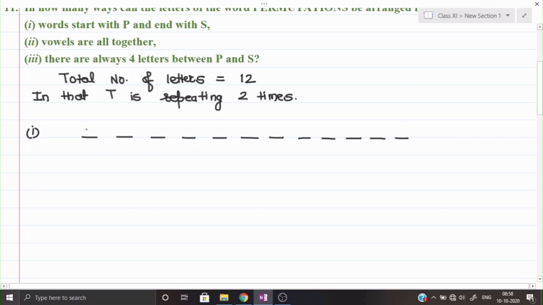Now what they are asking: the word starts with P and ends with S. So here one thing you observe: the first place and the last place we need not arrange, because they are now fixed. These 2 places are fixed, so we need not arrange them. That will not be part of finding the total number of arrangements.